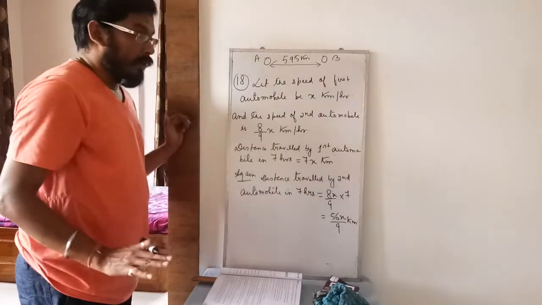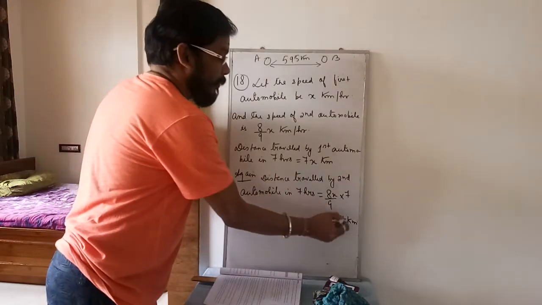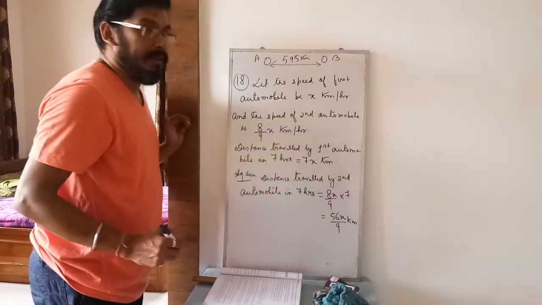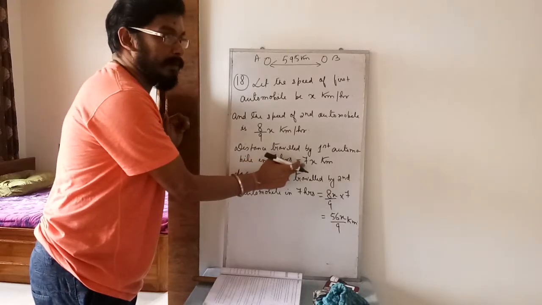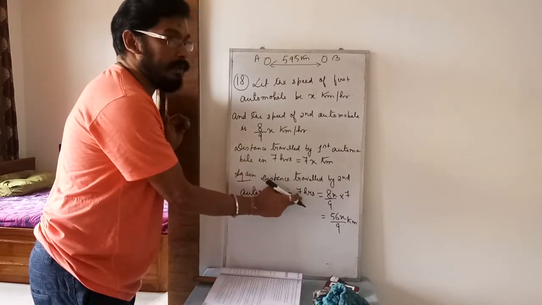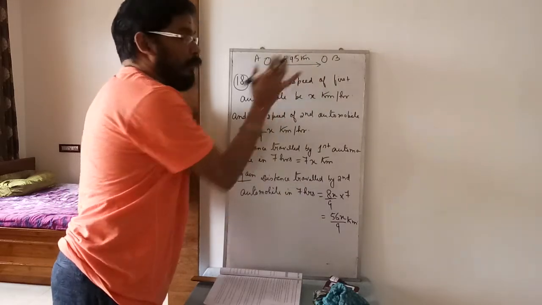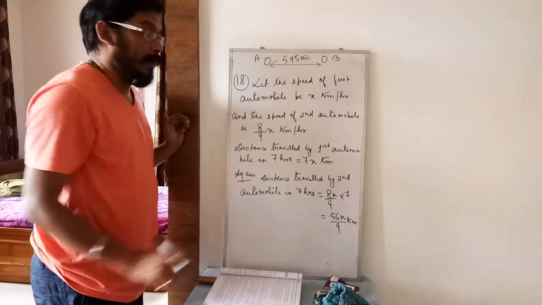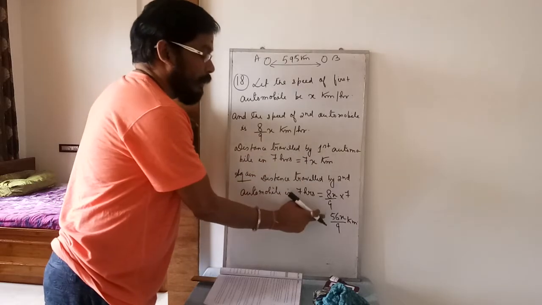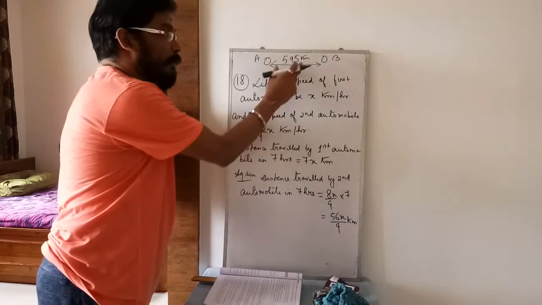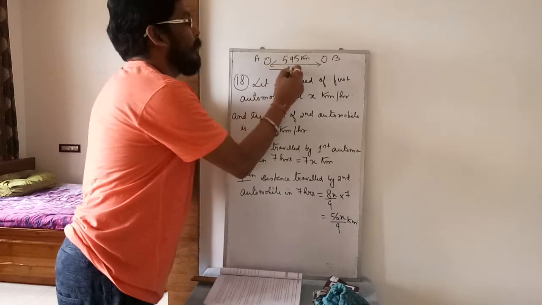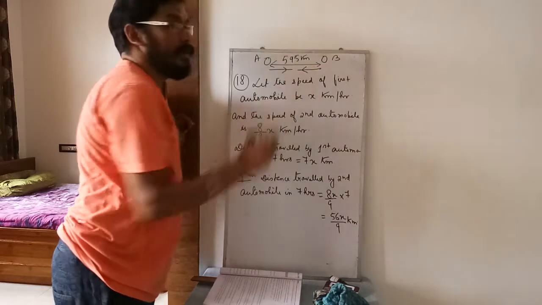This is the distance traveled by the first car, and this is the distance traveled by the second car. If I add them up, I will get the total distance, which is 595, because one car has traveled this way and the other car has traveled this way.